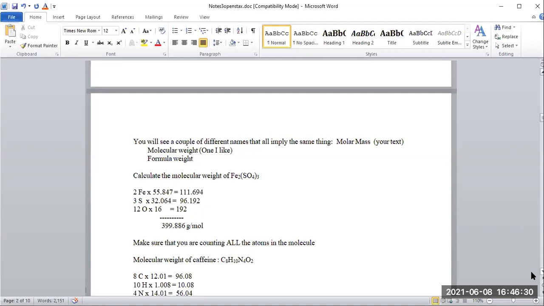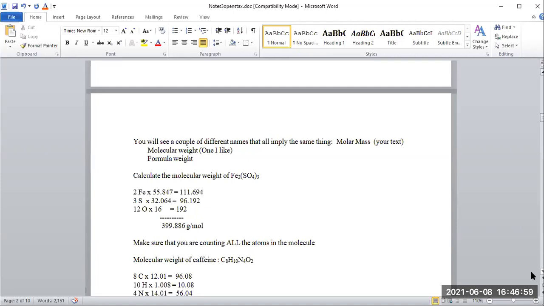So iron, 55.847, sulfur, 32 and change. And I use the rounded version of oxygen. Some of the periodic tables will cite the unrounded version of oxygen as 15.9994. For purposes of most math problems, it won't make enough difference to change your answer.